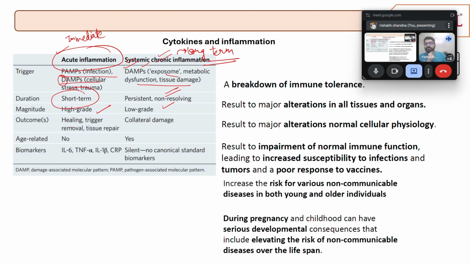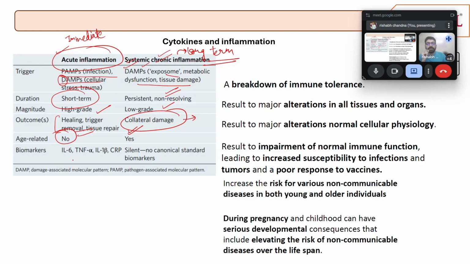The outcome of acute is healing, trigger removal, and tissue repair, while chronic leads to damage of different organs. Acute inflammation is not related to any age, but chronic inflammation is. For example, if there is any aging related issue, then chronic inflammation takes place.